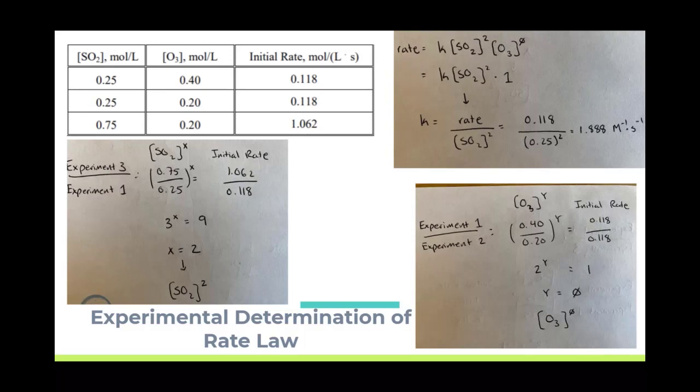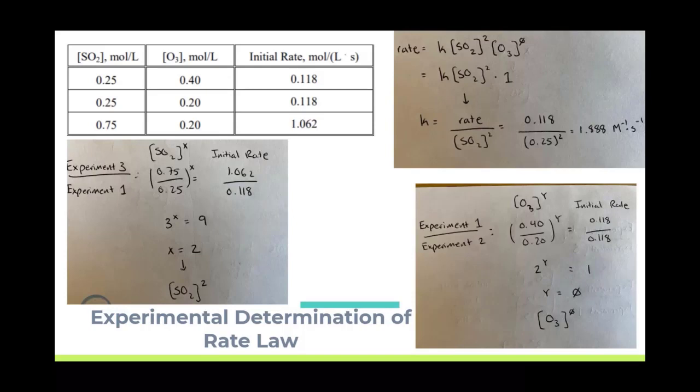I'm not sure exactly where I cut out, so I'm going to backtrack a little bit to the second portion in the lower right-hand side. So again, we have O3 to the y power, and we're going to set that equal to the initial rate. We're going to choose 2 experiments.